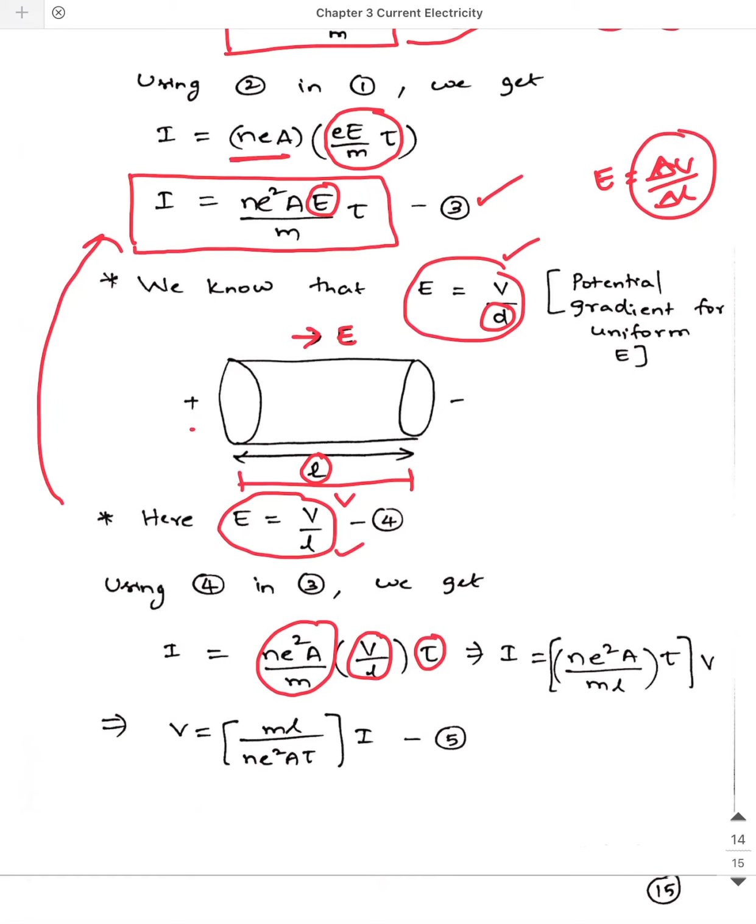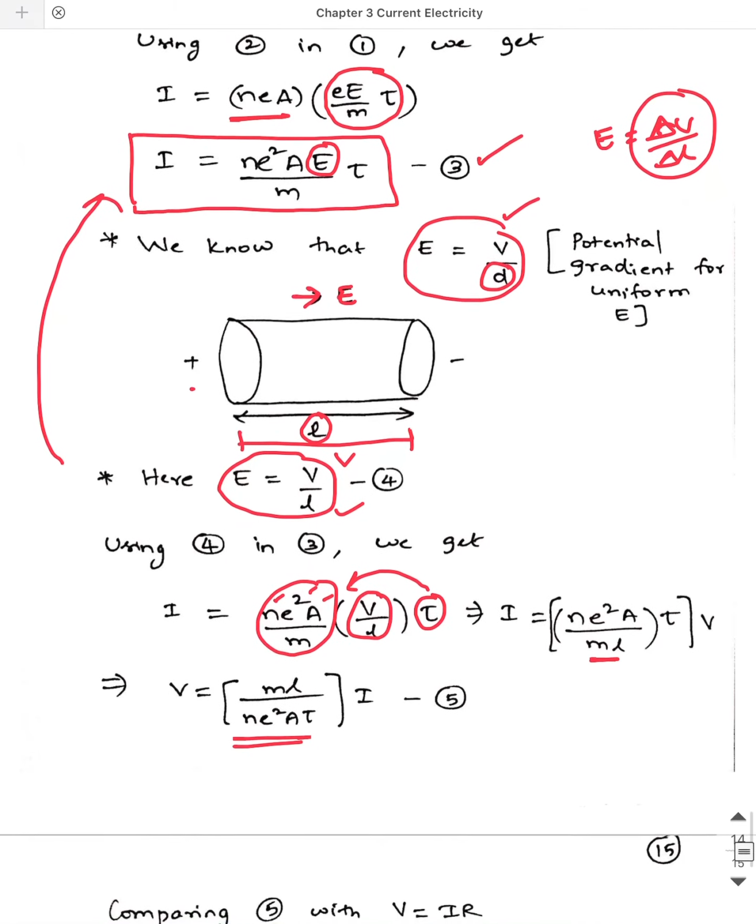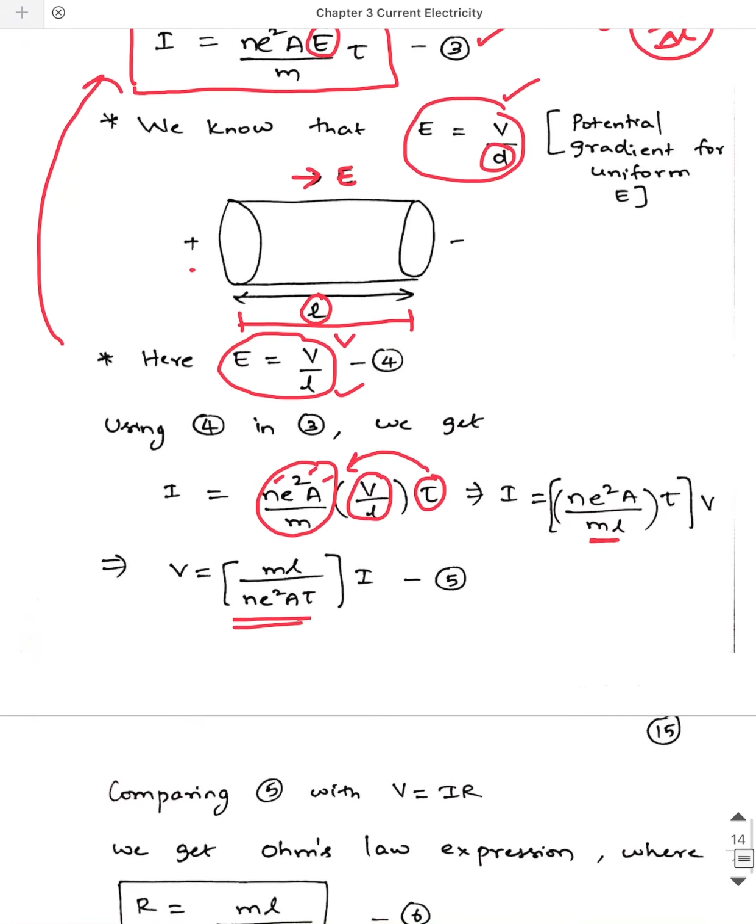So this will be equal to ne square A divided by mL into tau, with V written outside. Now if you rearrange the equation, V will be equal to mL divided by ne square A tau multiplied with I. Let this be the fifth expression.